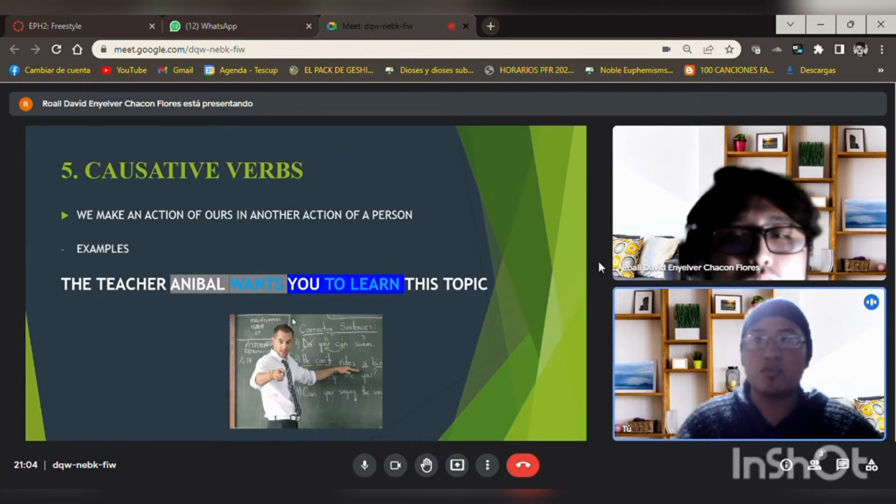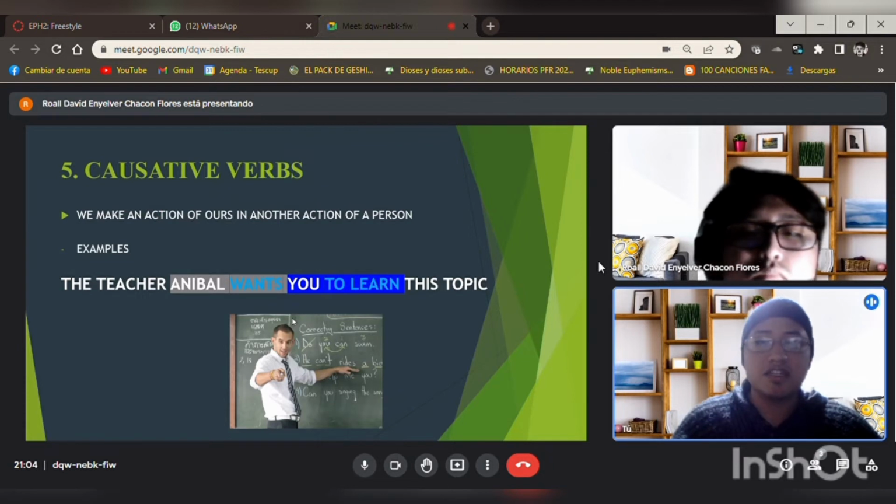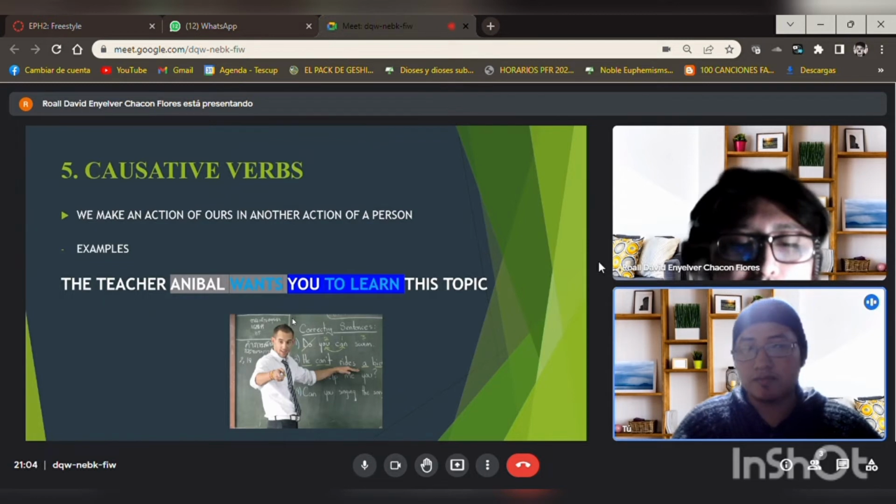In this example, we can say that the teacher Aníbal wants you to learn, making a structure of subject plus verb plus subject plus verb. The teacher Aníbal is subject number one, and wants is verb number one. You is subject number two, and in this case they use 'to' and the infinitive: to learn.